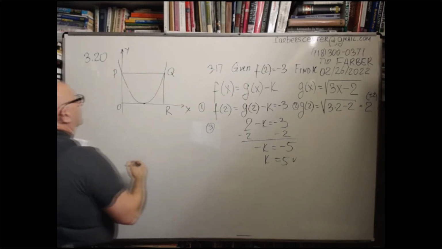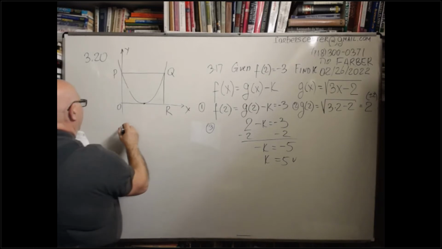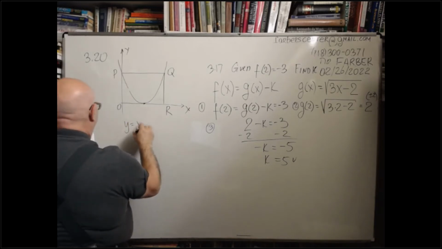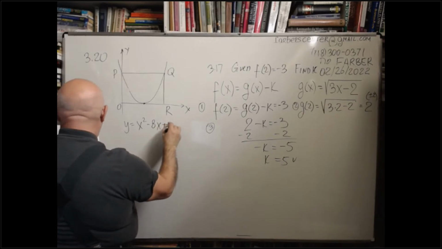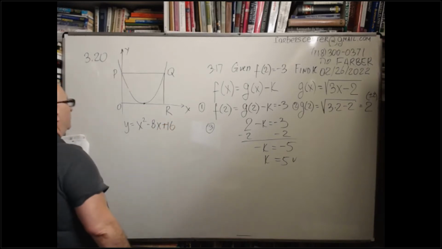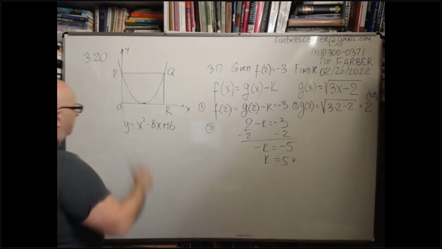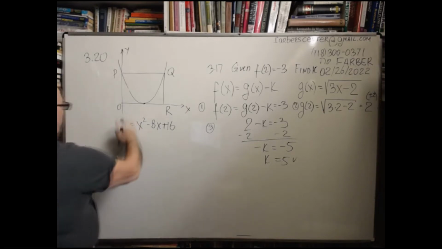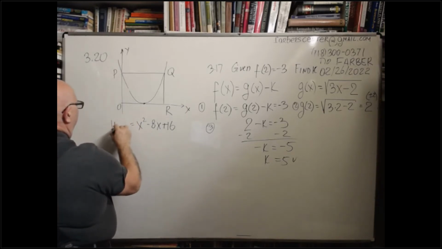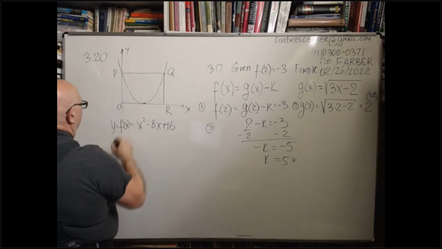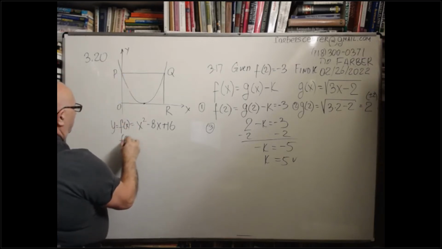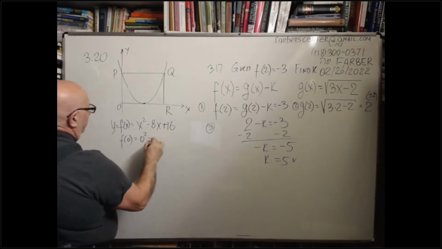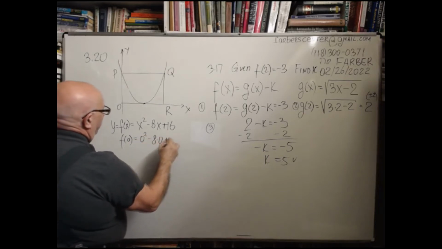And we have the equation of this line: Y equals X squared minus 8X plus 16. Okay. Let me write this as Y equals f of X, like we did a few minutes ago. When X equals 0, f of 0 is 0 minus 8 times 0 plus 16.